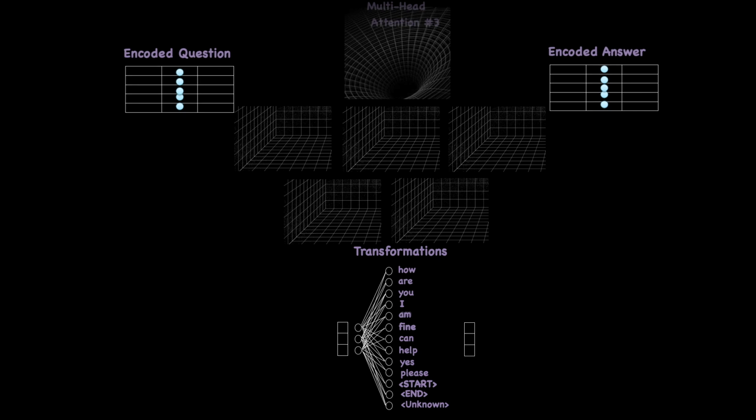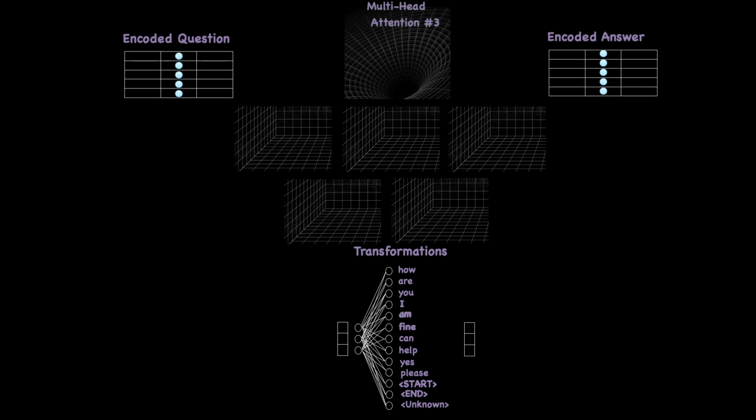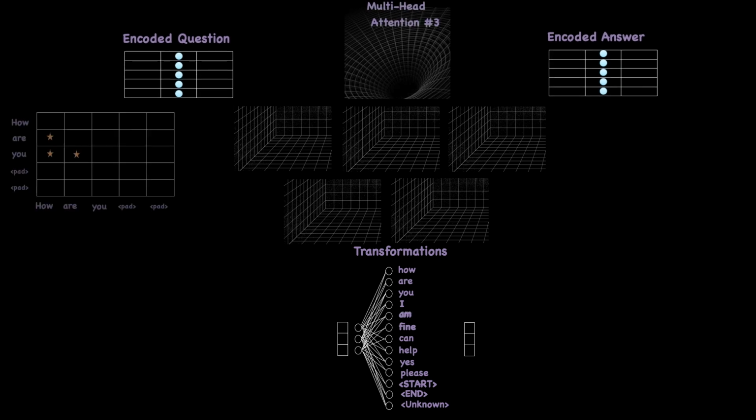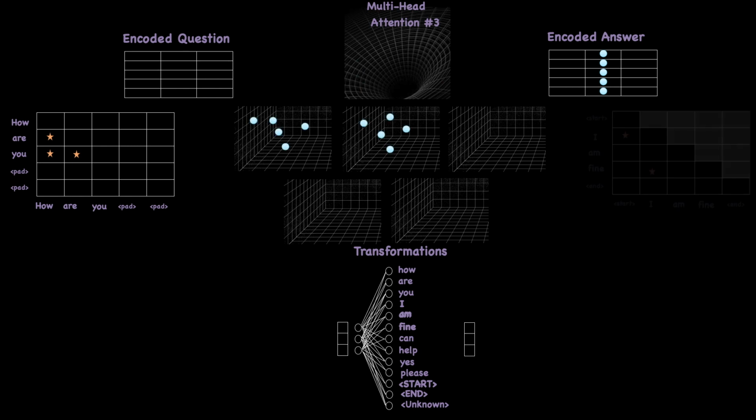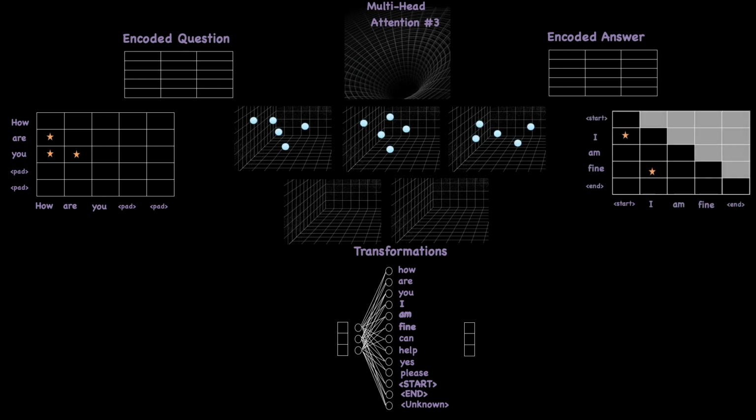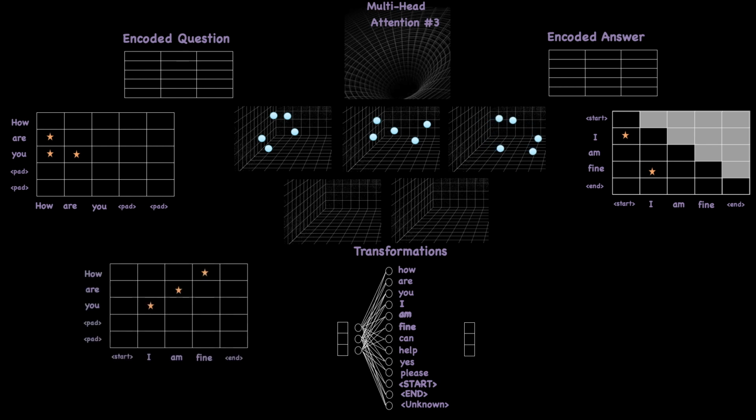Our third attention network will process the encoded question matrix and the encoded answer matrix. It will uncover relationships between the words of the question and words of the answer. It will use the relationships that it finds to guide the sequence generator. In this case, it guides it through one vector at a time to generate the answer, I am fine, in response to the question, how are you?